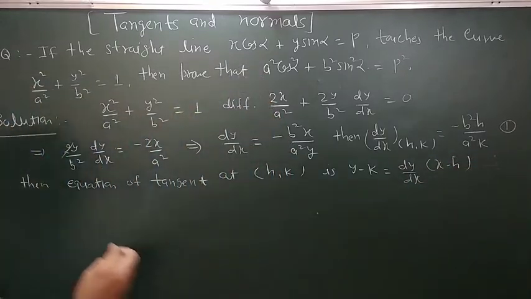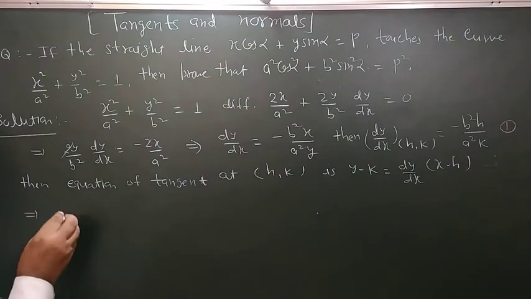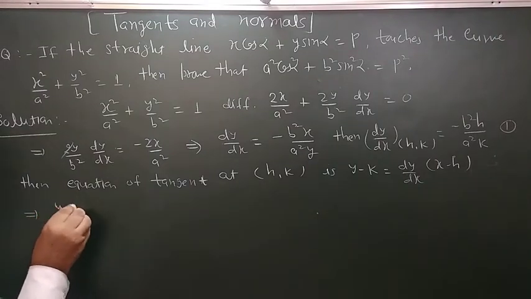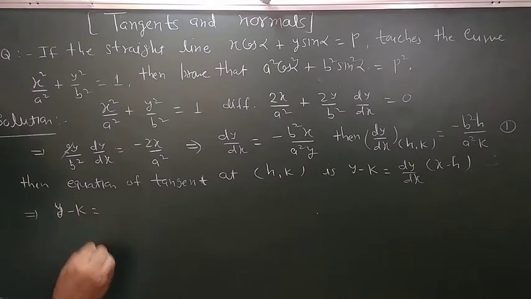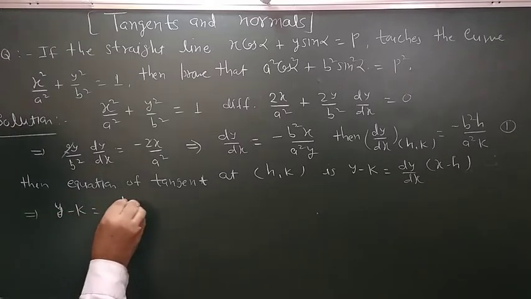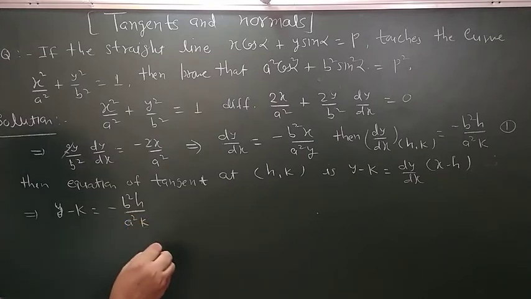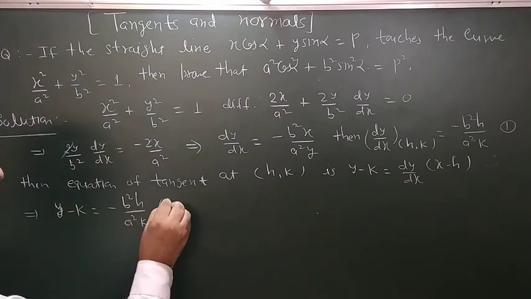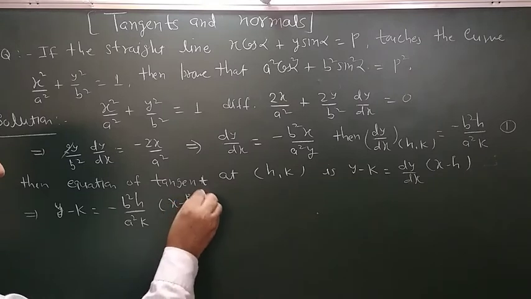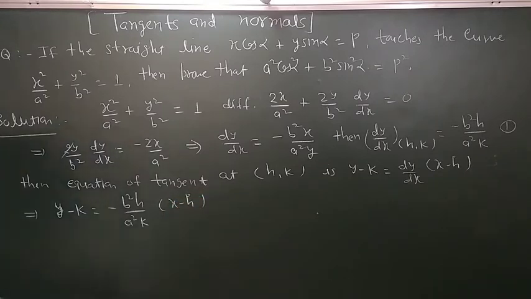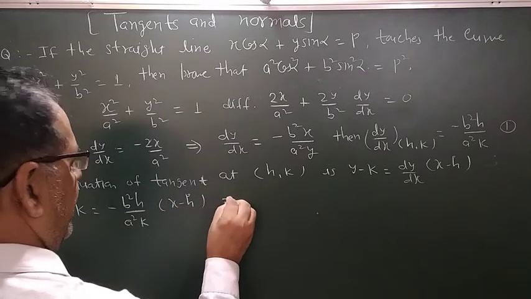So now put the value of dy/dx. So y minus k equal to minus b square h upon a square k times x minus h. Cross multiply.